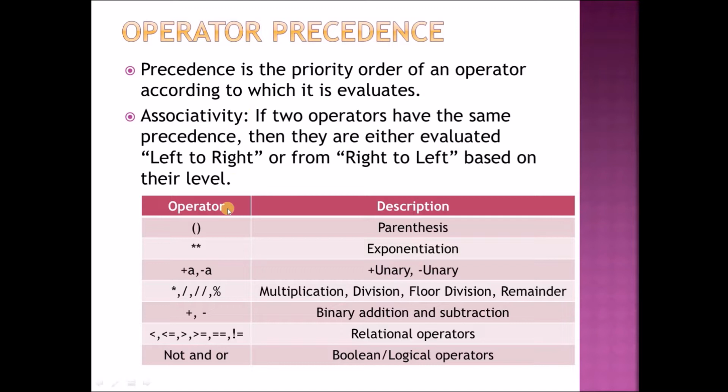And associativity: if the operators are the same, if you have used plus only, you want to add two values, a plus b, c plus d. In that case, it will either be solved left to right, where a plus b will get solved first, or from right to left, depending on the values. So that is known as associativity, when you use the same precedence operator.